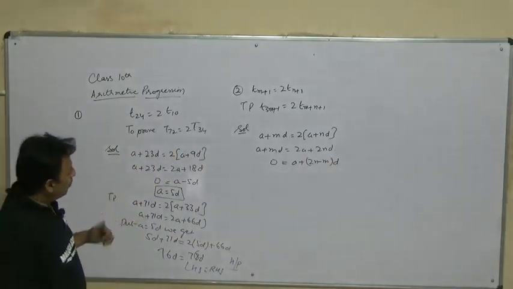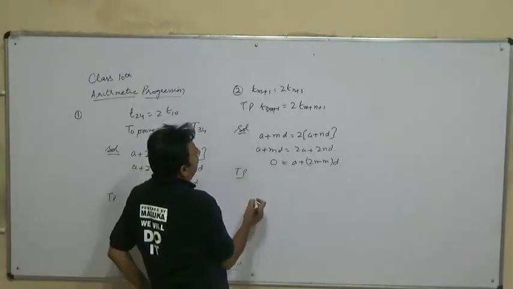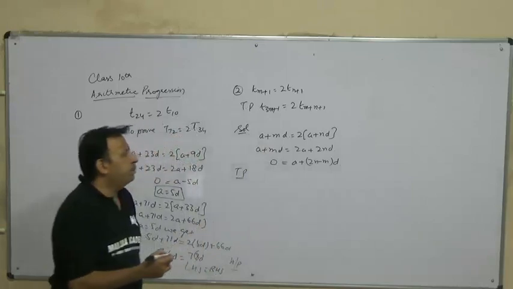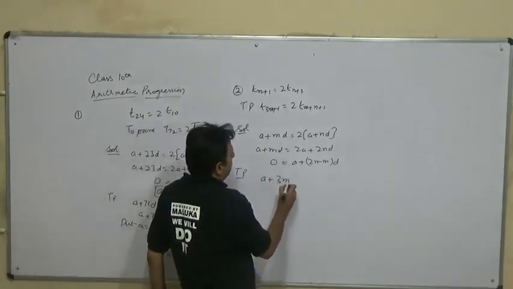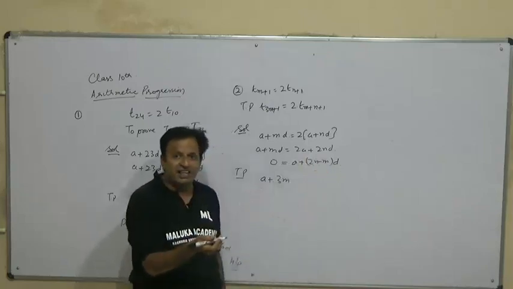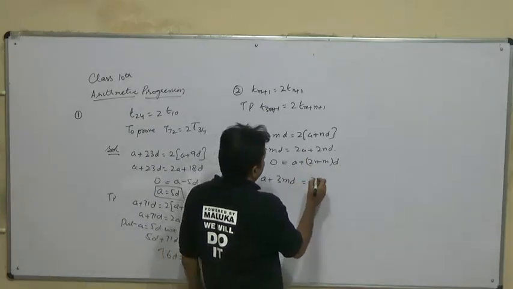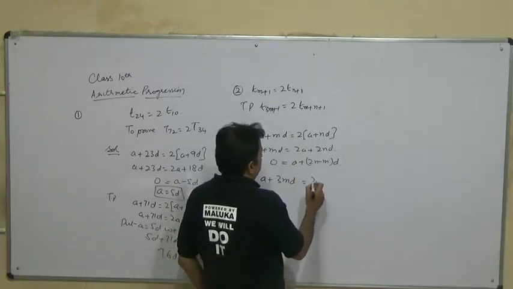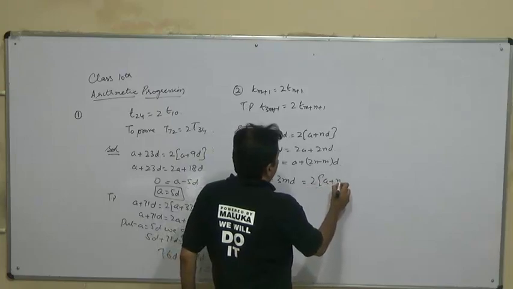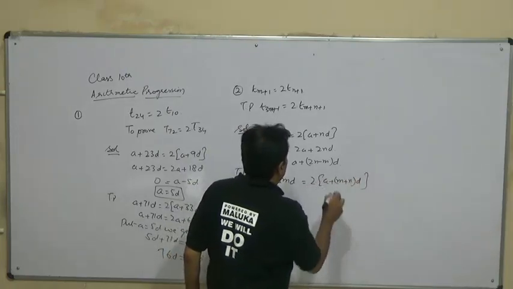Now what we have to prove? Now we write for that what we have to prove. The 3m plus 1th term will be equal to a plus 3m plus 1 minus 1, that will cancel out. We are left with 3m into d is equal to twice into the m plus n plus 1th term, that is a plus m plus n into d. Plus 1 will go.